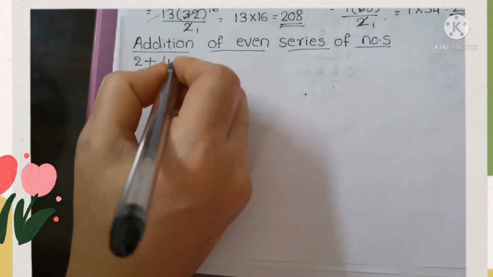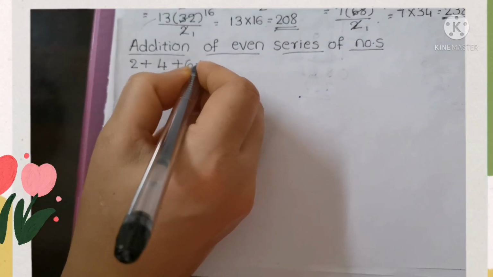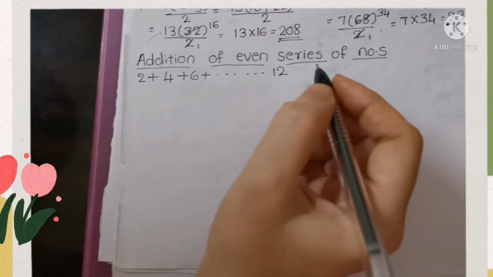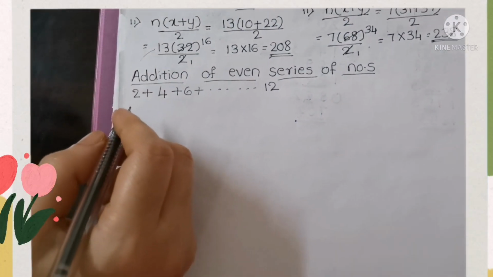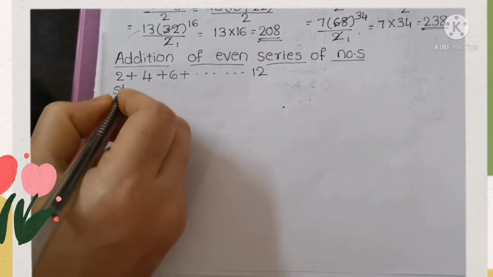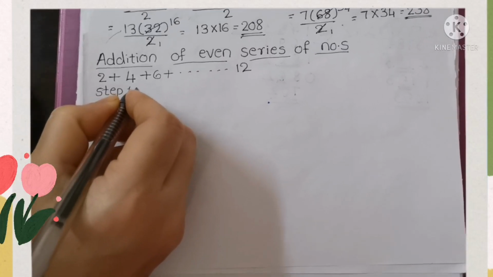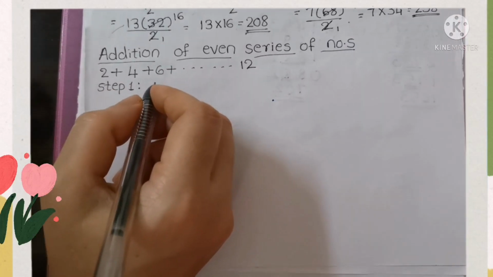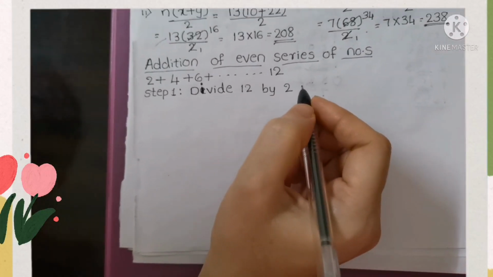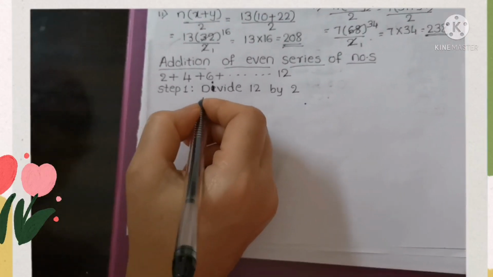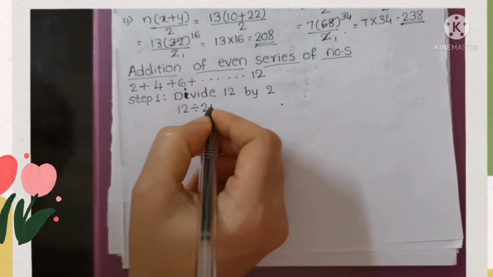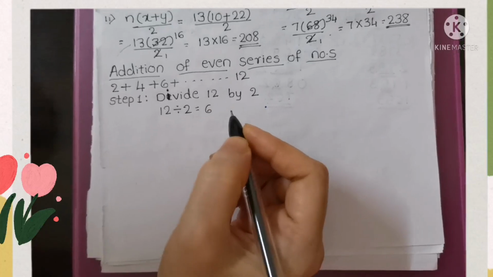Let's take the example of 2 plus 4 plus 6 and so on, going till 12. Our step 1 is that we have to divide 12 by 2. That is, 12 divided by 2 is 6.